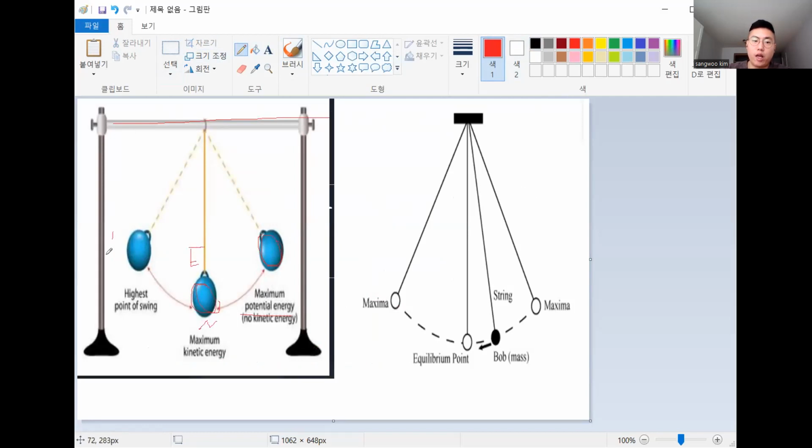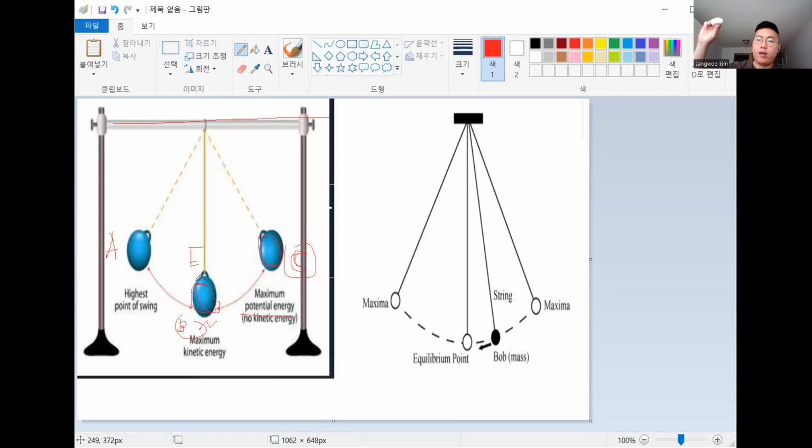I will say these are points A, B, C. At first, it's at point B, so energy is 0. But if I use my hand to move this blue ball here, now it has energy. We call it potential energy.